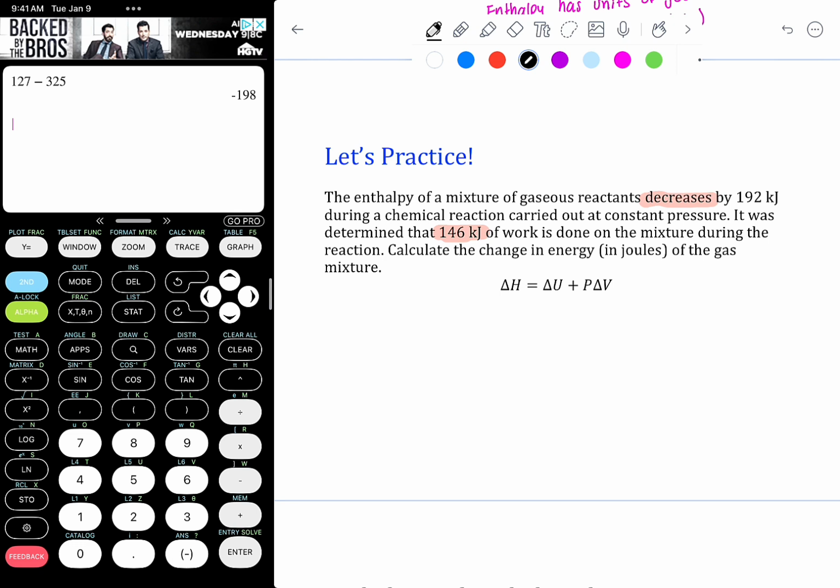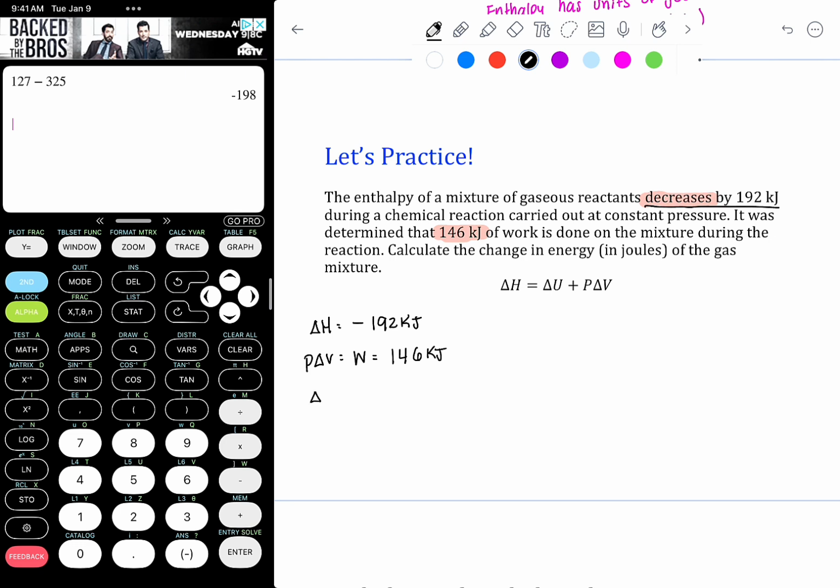then we can solve. So we know that delta H decreases by 192 kilojoules, meaning that its sign is negative. We know that P delta V is our work, and that was equal to 146 kilojoules. And again, since it's PV work, we don't need to worry about the sign.